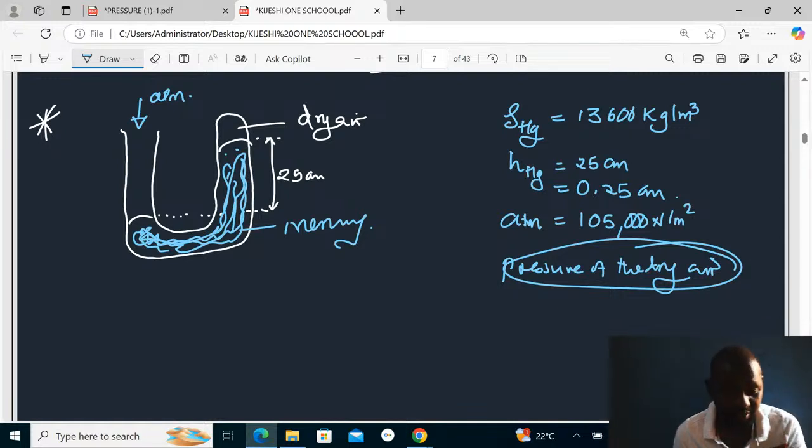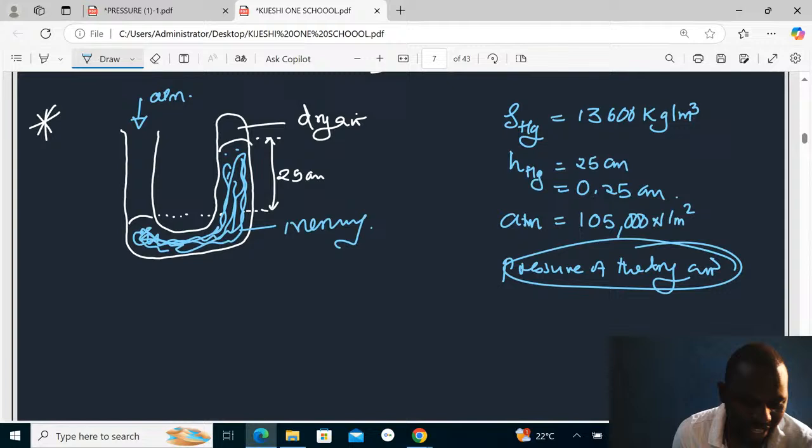So in this case, if you look at the atmospheric pressure, it is acting against the mercury column. Therefore, you are expected to understand in which direction is the atmospheric pressure working, and in which way should you say, is it plus or minus?